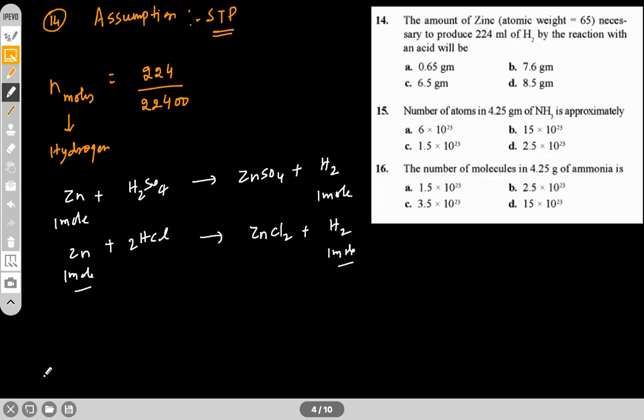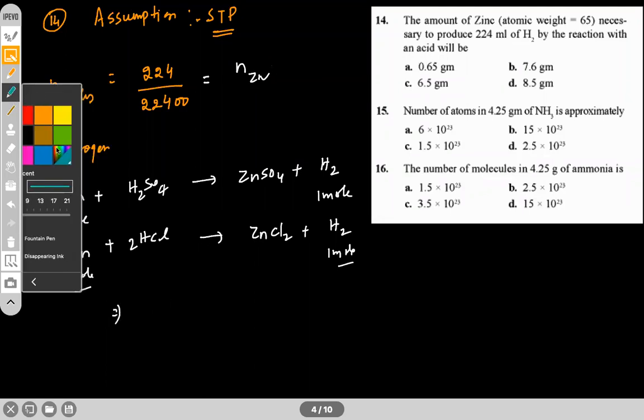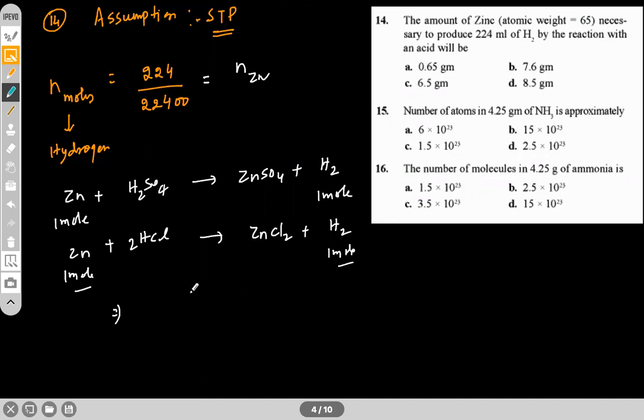So we can say the number of moles of hydrogen must equal the number of moles of zinc, and hence the relation is: the number of moles, 1 by 100, equals the mass of zinc divided by the atomic mass of zinc, which is 65. So the mass that produces 224 ml of H2 is 0.65 gram.